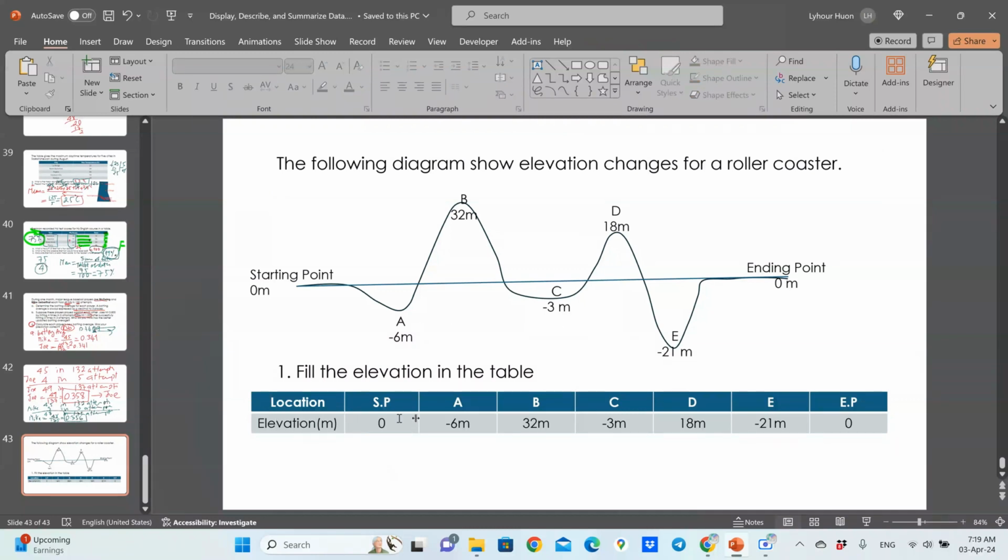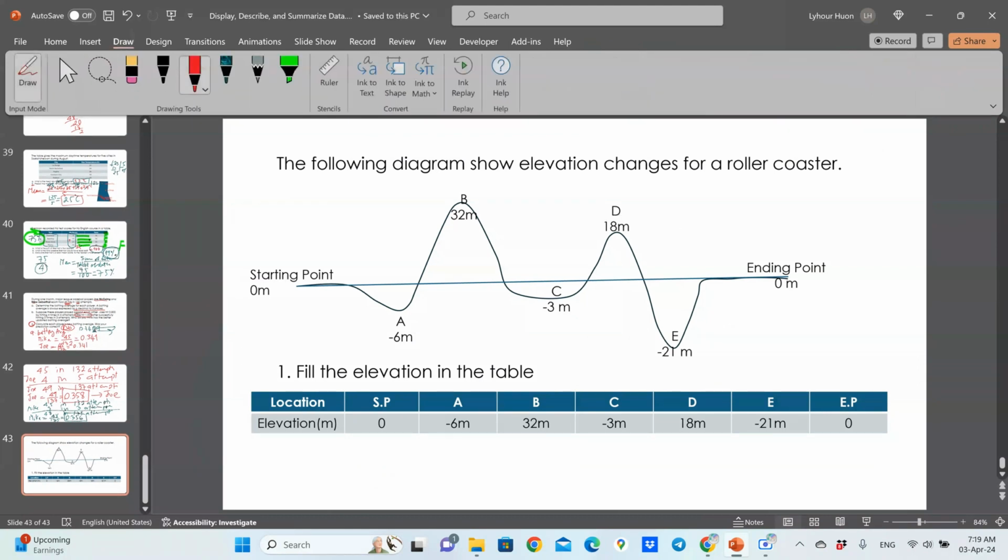From this table or this graph, what is the largest elevation? B is the highest value, the highest elevation. What is the smallest elevation? E, which is minus 21.